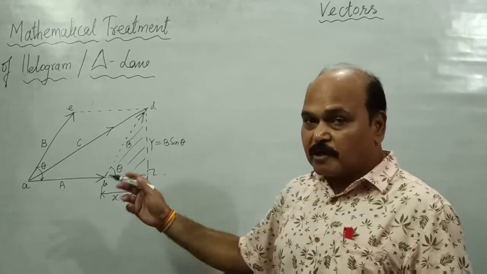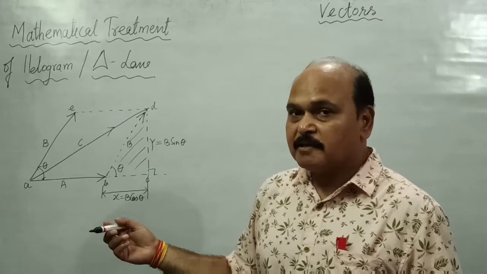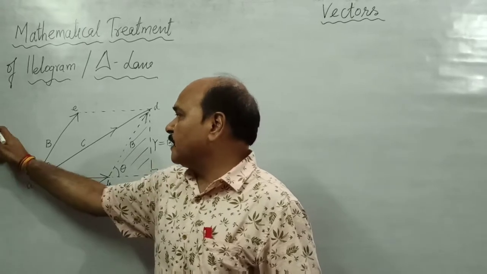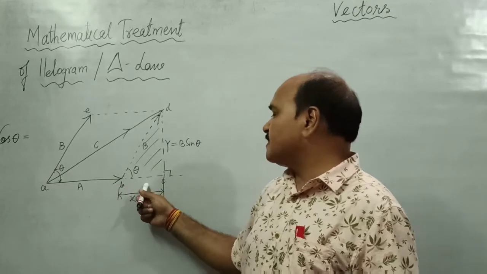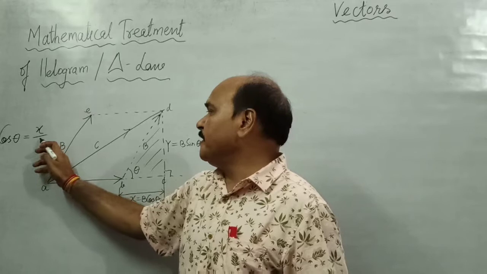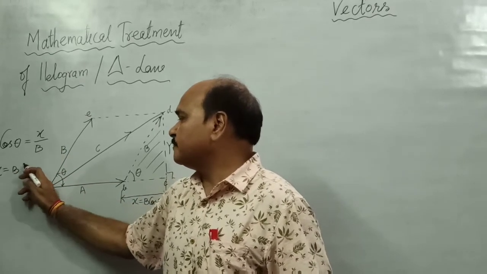If we are not able to work out the resolution method to find x and y, we can find the value of cos theta from the same triangle. Cos theta is base upon hypotenuse. Base is x and hypotenuse is B. This simply means x is going to be B cos theta.